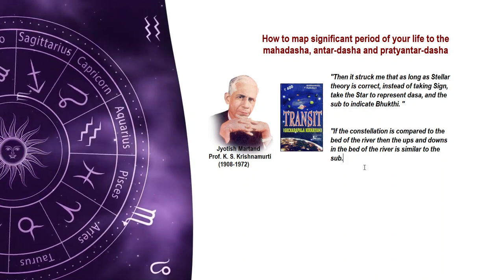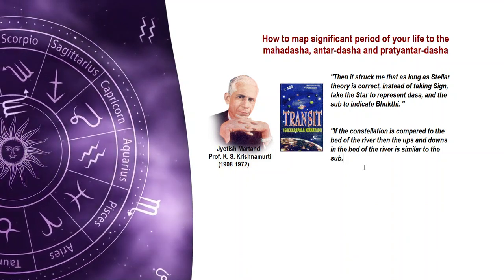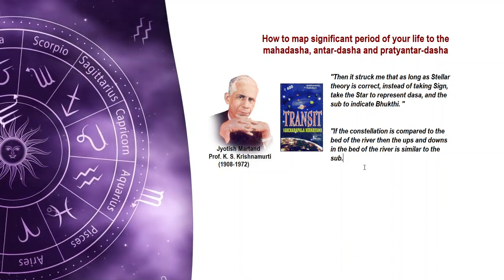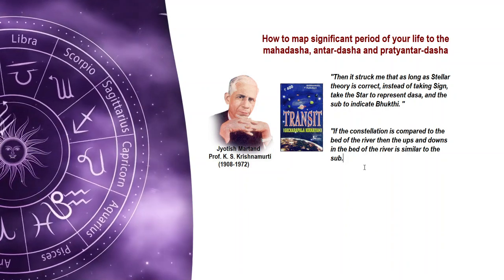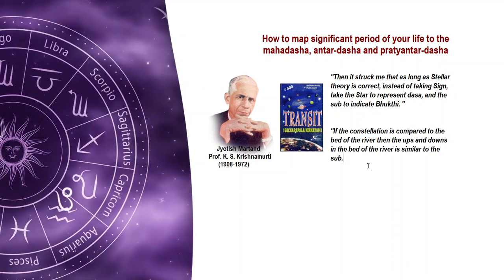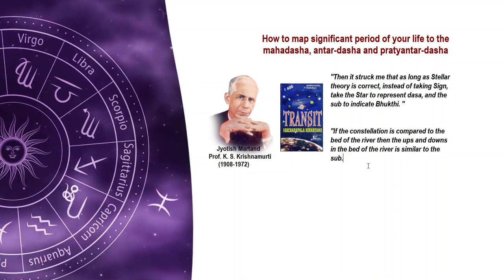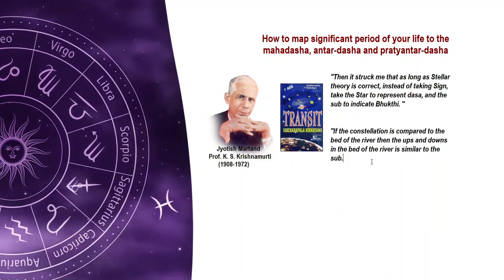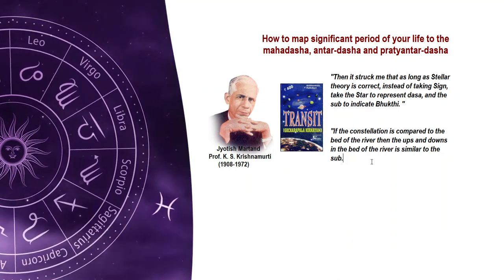But whether the outcome is going to be negative, positive, neutral, is it going to fizzle out, or is it going to convert into some kind of a more developing story? So this is all decided by the sublord.